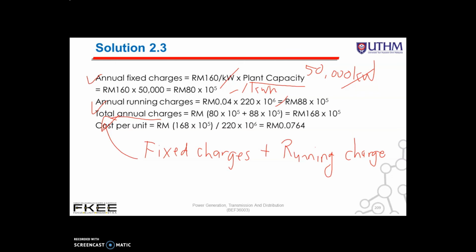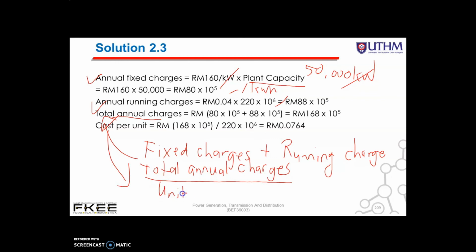Okay, the cost per unit is the total annual charges divided by the units generated per year.